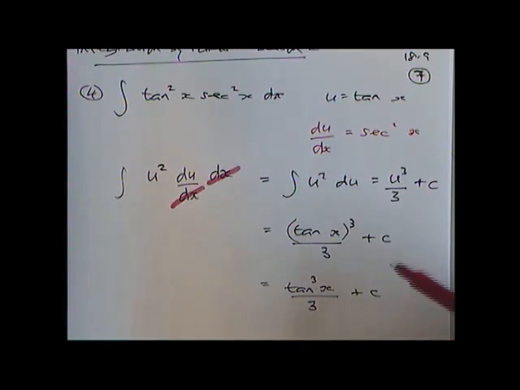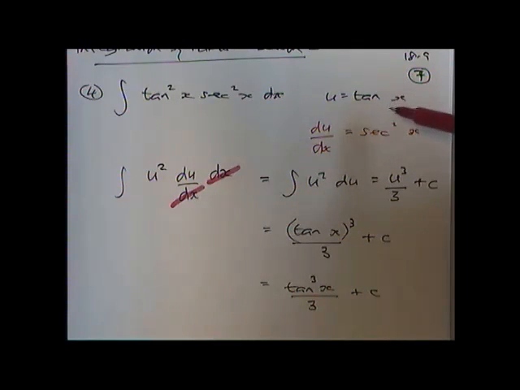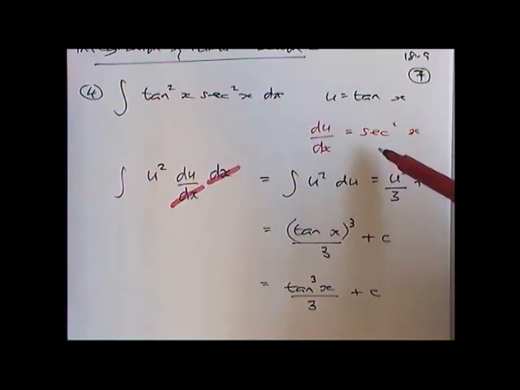Both of those lines are correct. The bottom line is a normal way of writing that down. Okay? So that's a slightly different technique there. If you can spot that when you differentiate the bit they've given you, it becomes something else that's really, really useful, go and do that.